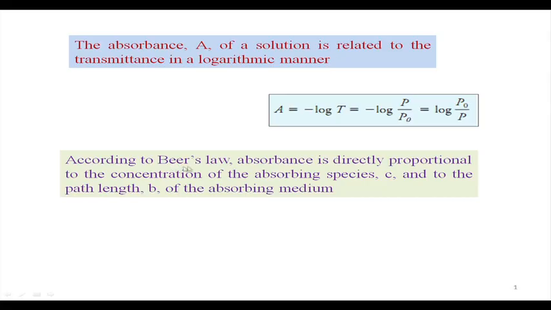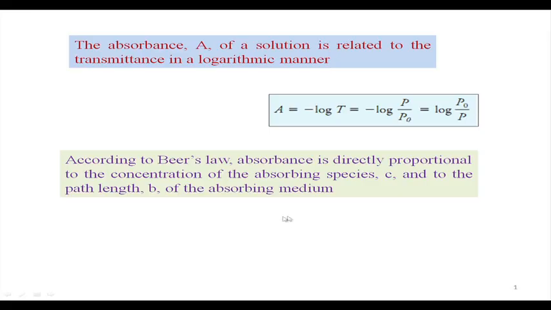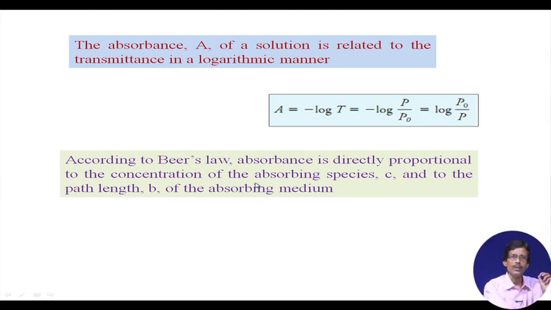As per this law, the definition is that the absorbance, the A value, will be directly proportional to the concentration. So, that brings the relationship between A and C. And whose C is this?